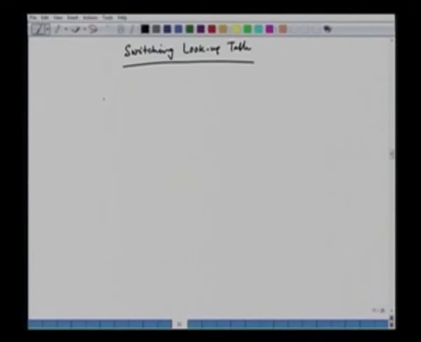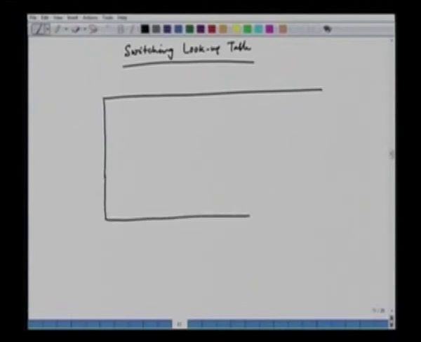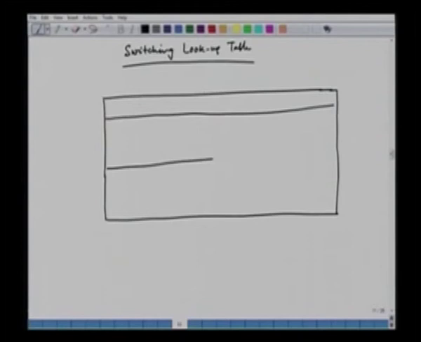So what we have here is the following. We have 6 different sectors, so we can show the various sectors here.